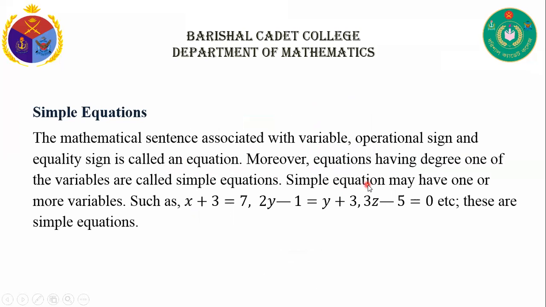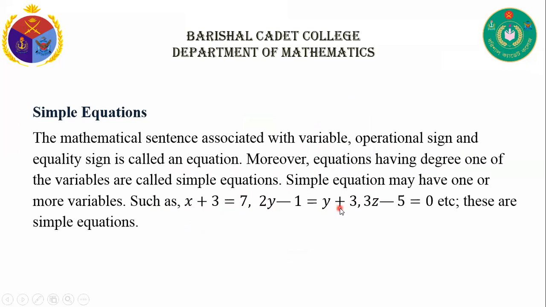Moreover, equations having degree 1, that means the variable's degree is 1, are called simple equations. A simple equation has one or more variables, such as x plus 3 equal to 7, 2y minus 1 equal to y plus 3, and 3z minus 5 equal to 0. These are simple equations.